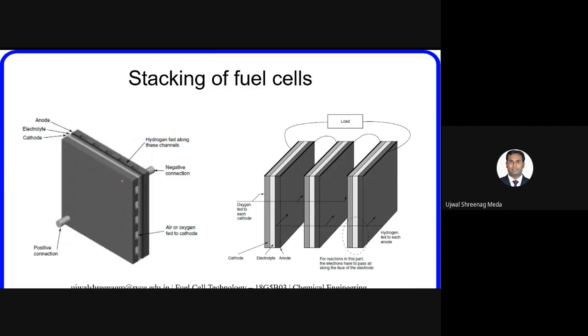Looking at the diagram on the left, you can make out the corrugations on one side of a bipolar plate. These are the horizontal corrugations, and if you look at the bipolar plate on the other side, you will see the vertical corrugations. So like this, a bipolar plate will have corrugations on both sides, and it has multiple roles to play. Using such bipolar plates, the stacking of fuel cells is done.